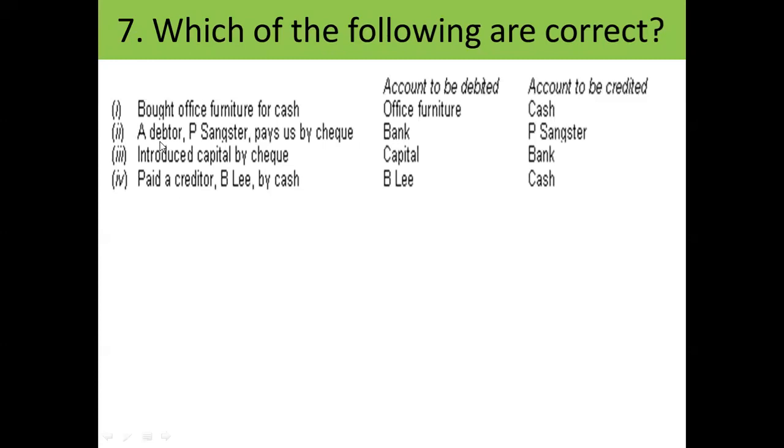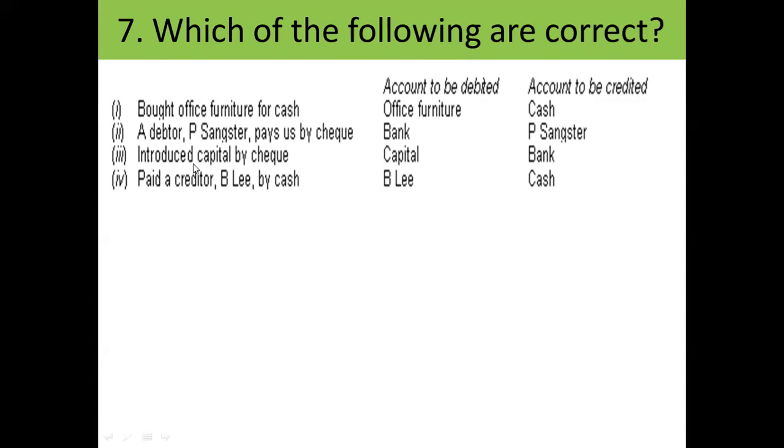This is right. And a debtor, P. Sangster, pays us by check. When that debtor pays us, we debit bank, because the money at bank is increased, and we debit that asset. And we credit P. Sangster, because that debtor should be reduced by crediting it. Yes, this also is correct.